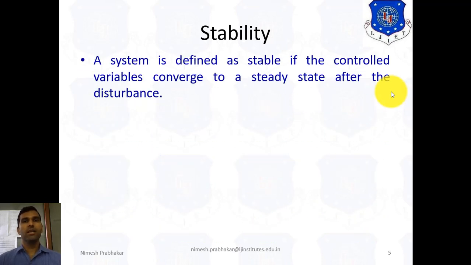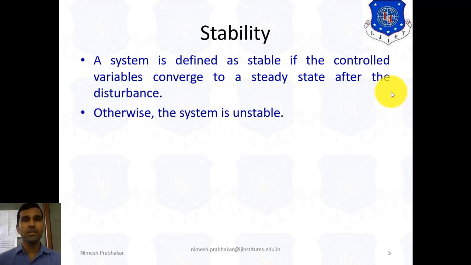A system is defined as stable if the controlled variable converges to a steady state after a disturbance. Otherwise the system is unstable. This is a simple definition of stability.